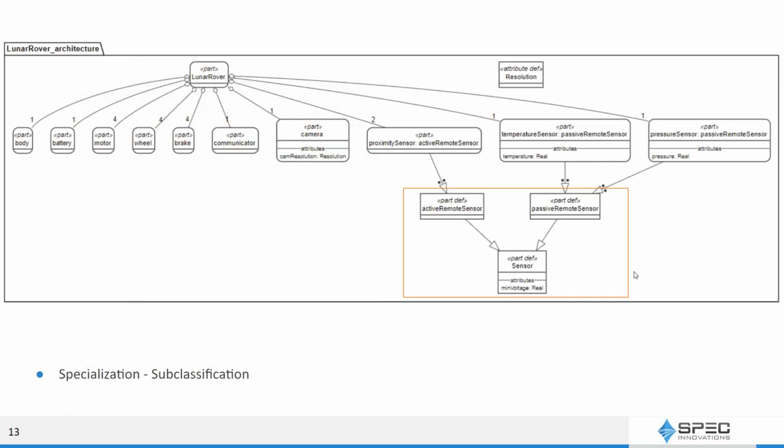So then this is how they show it in the diagrams currently. So you still have the defined by with the part def for active remote sensor and passive remote sensor and their usages. But the single arrow with no dots is a subclassification to part def sensor.